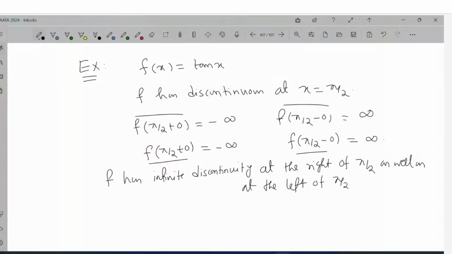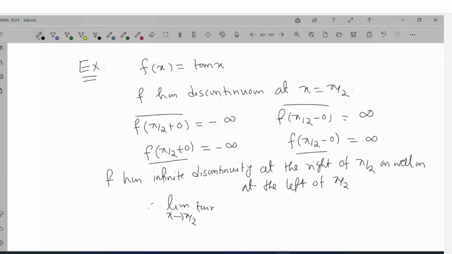But obviously the limit does not exist. Right hand limit exists, left hand limit exists, but the total limit does not. So if you write limit x tends to pi by 2 tan x, people make the mistake of writing this as infinity.